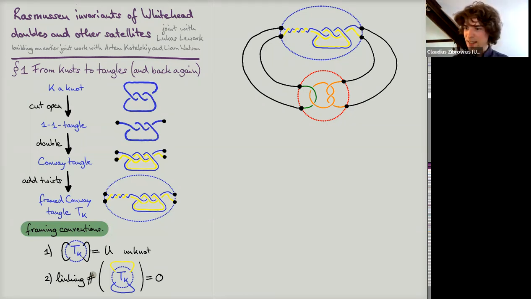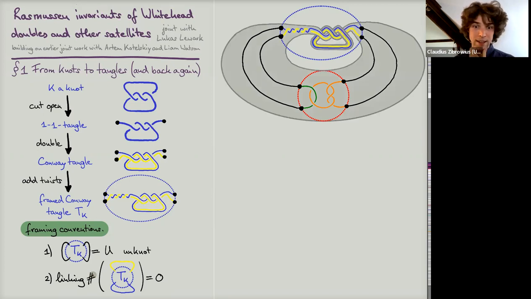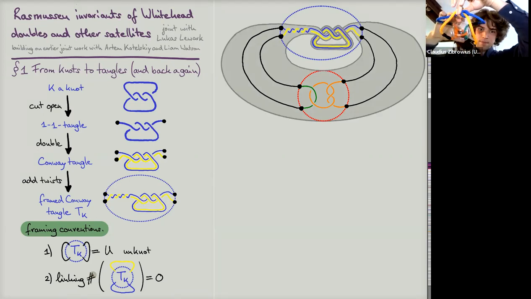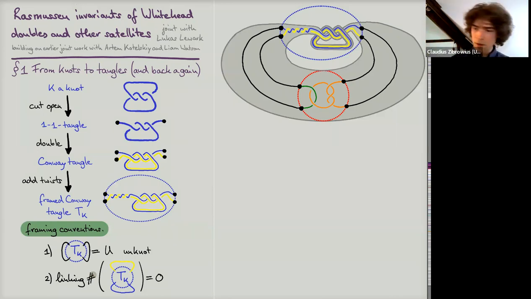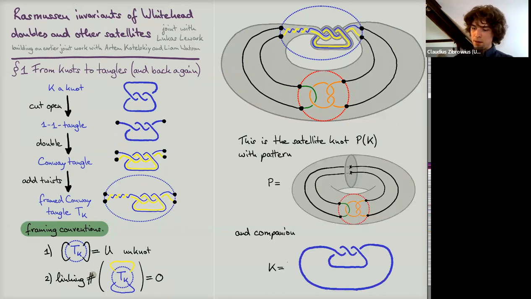And how do we see this satellite? Here's the torus. This torus swallows this Conway tangle, this orange and green Conway tangle, and then follows the blue and yellow strands around our companion knot. So the pattern of the satellite knot is entirely determined by what's inside this Conway sphere. And the companion is the knot that we started with, our trefoil knot.